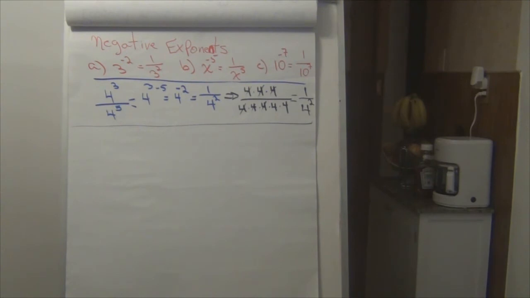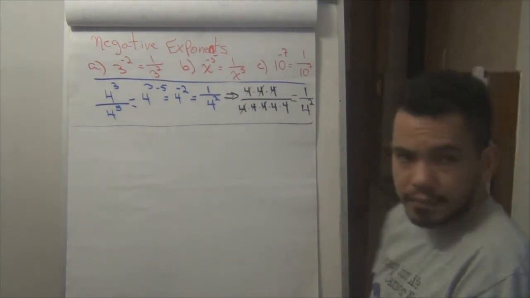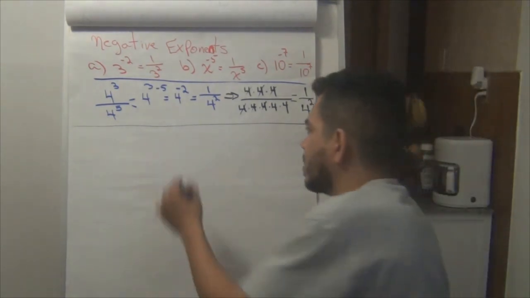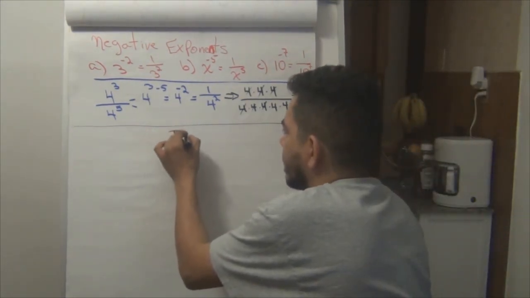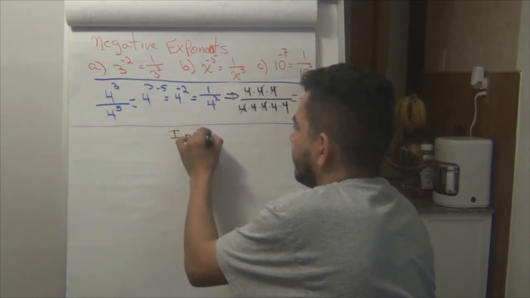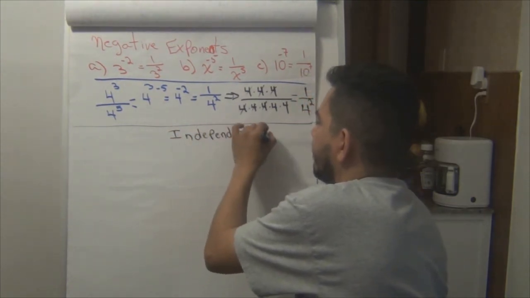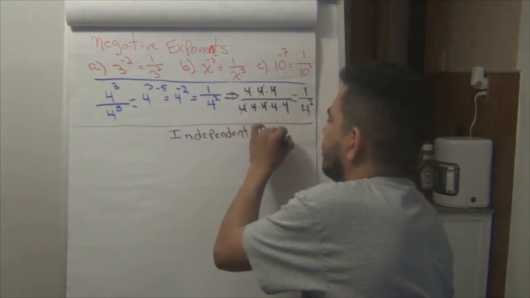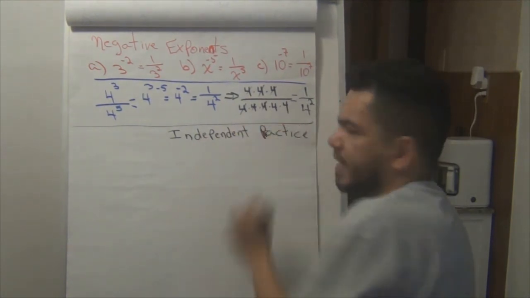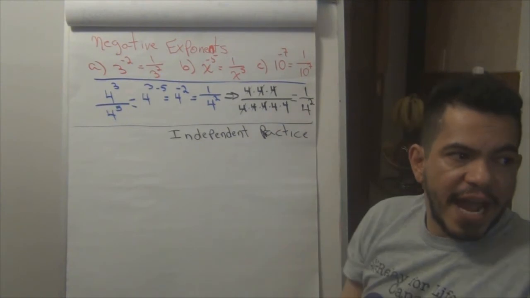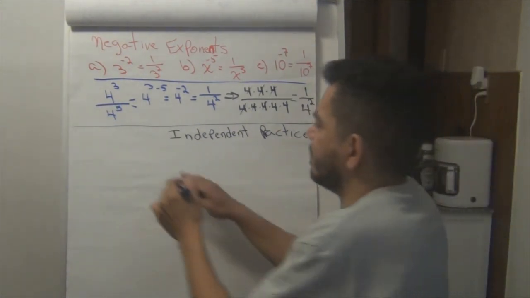Let's see. For example, on the independent practice. So we're going to start with the independent practice. I said, what is the product of negative?